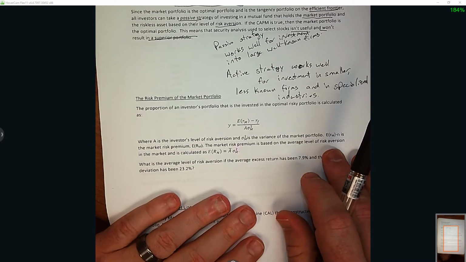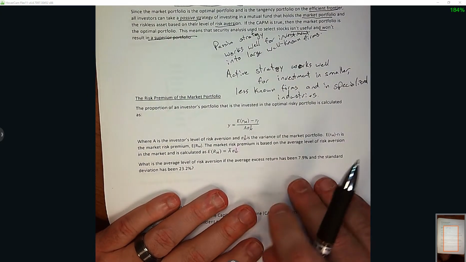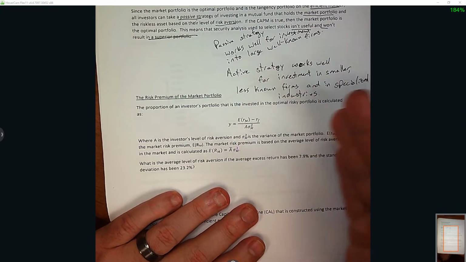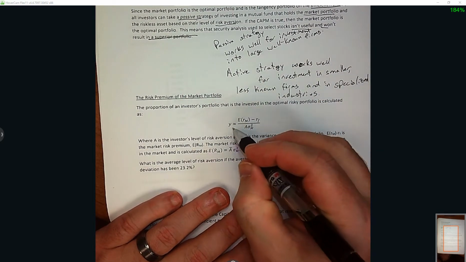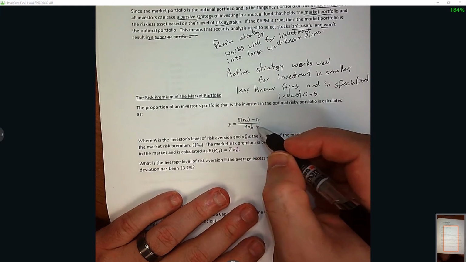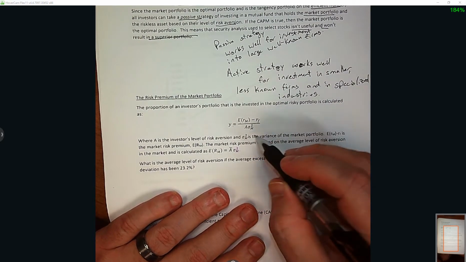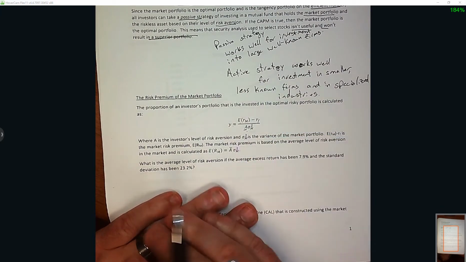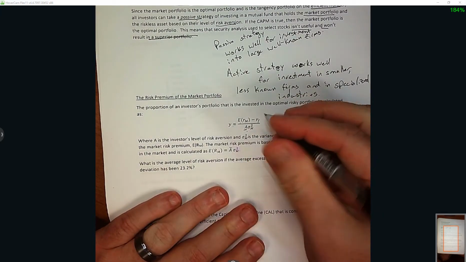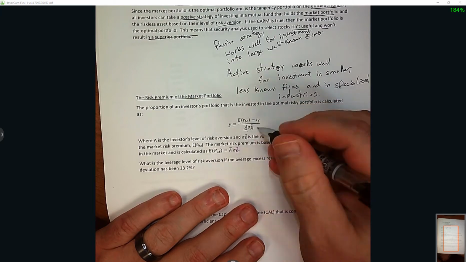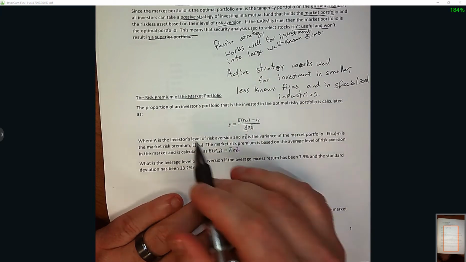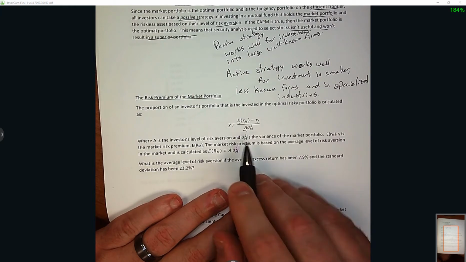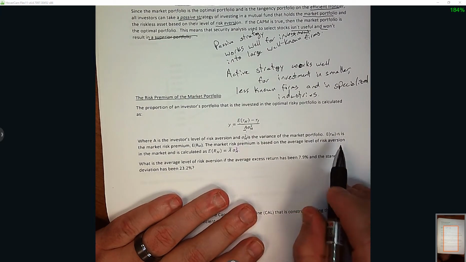So that's our best portfolio that everyone will want to put money into, and the proportion of their wealth that goes into that is based on their level of risk aversion. So y is equal to the expected return for the market minus the risk-free rate divided by the level of risk aversion for that individual investor multiplied by the variance of the market portfolio, where A is the investor's level of risk aversion and sigma squared M is the variance of the market portfolio.